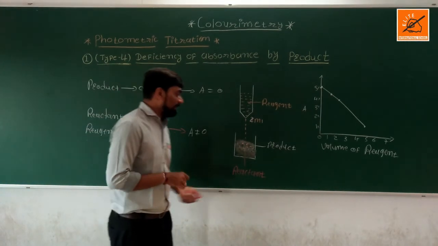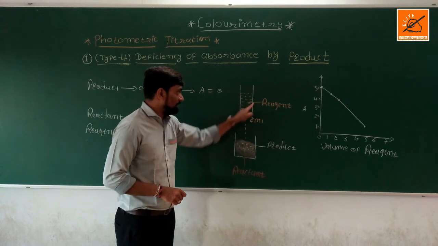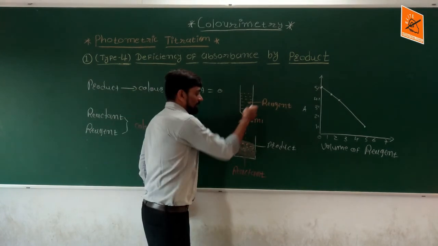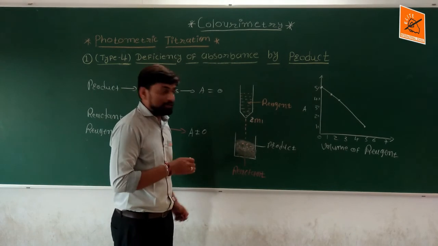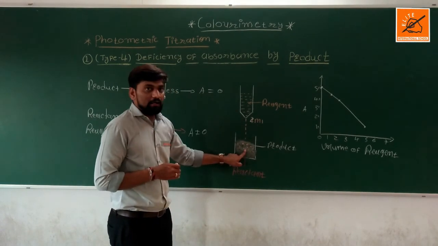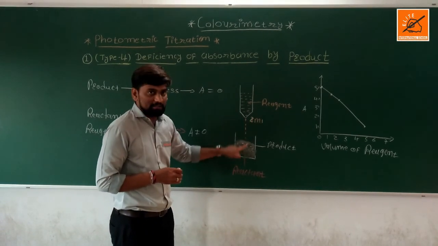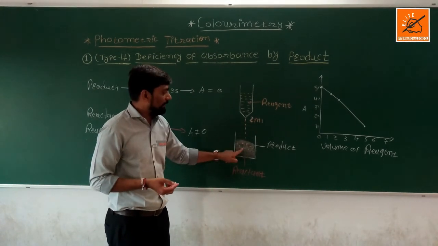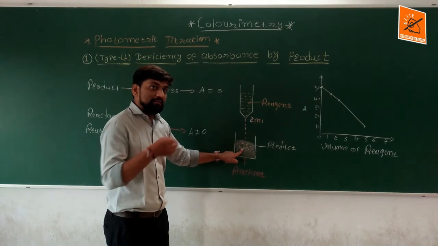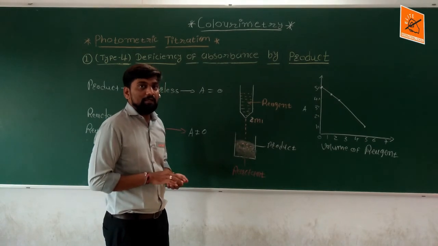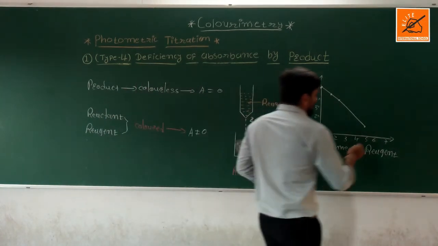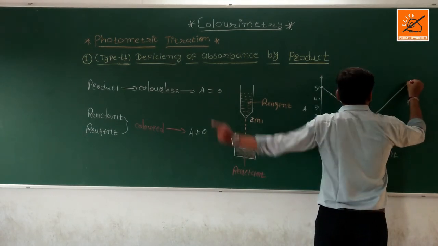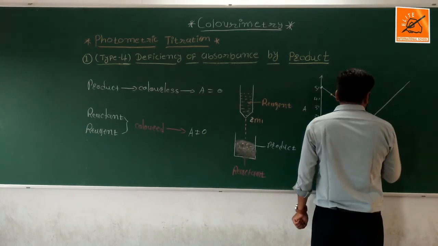As the reagent is added, the concentration of reagent in the flask gradually increases. Whenever the concentration of reagent increases in the flask, the absorbance value increases. So absorbance value increases with addition of reagent into the flask after the end point.